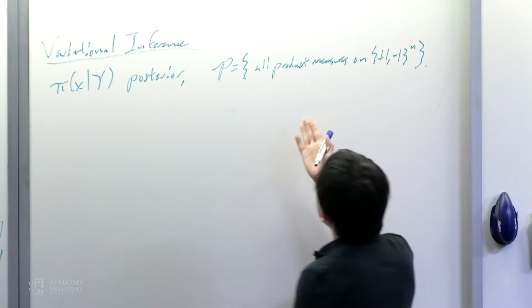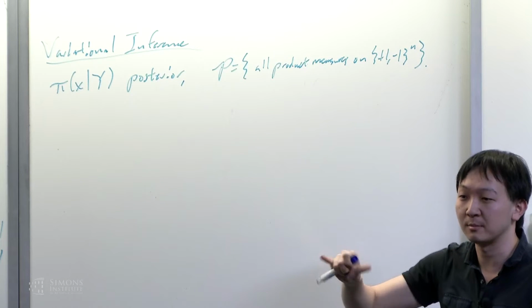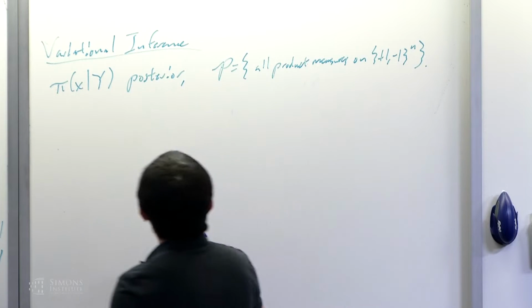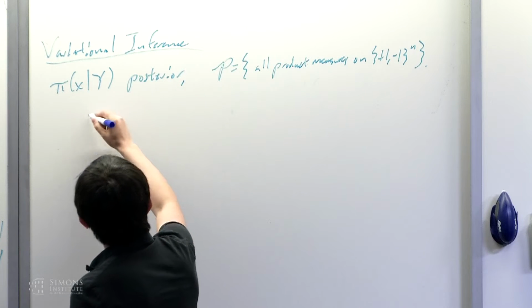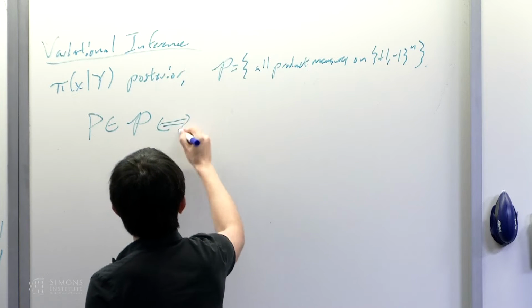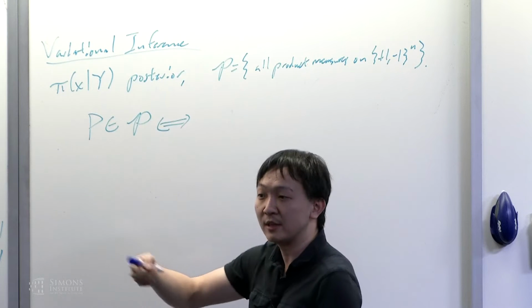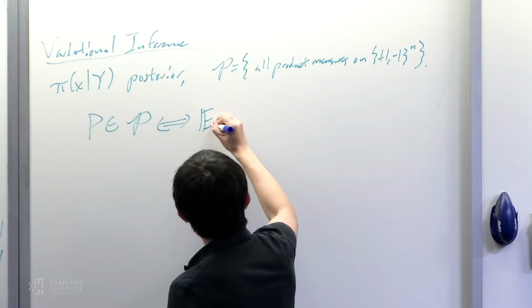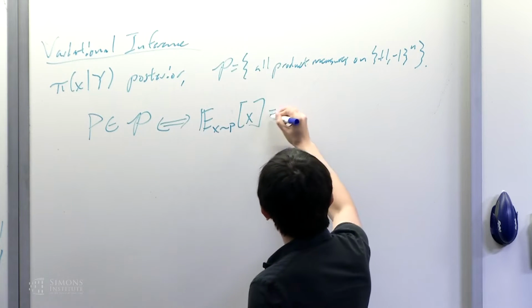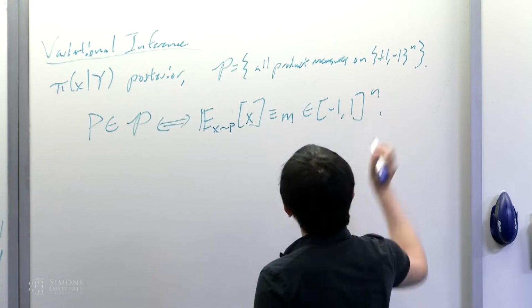And what this just means is that each of my n coordinates is an independent Bernoulli variable, plus 1 or minus 1. And so corresponding to this class script p, if I take any probability distribution p, because all the coordinates are independent, I can parameterize this distribution by just the mean of each coordinate. In other words, if I were to sample a vector x from p, what is its mean? The expectation of x. Let me call this a vector m. M sits inside the solid cube in n dimensions.